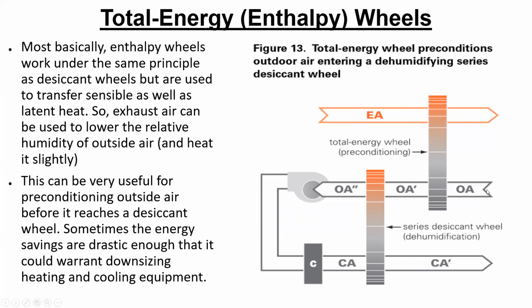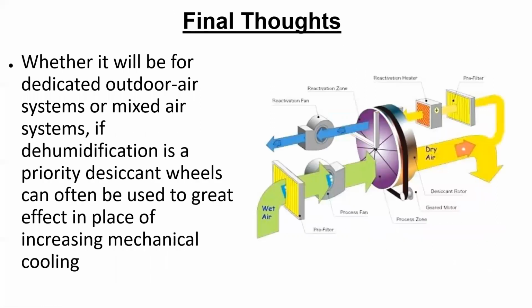So what happens is you're bringing your outdoor air through the wheel first, and then through the additional wheel, as we talked about in the previous cycle. This first part brings down the sensible portion of the heat, and the second part works on moisture removal, the latent heat, so your saving is significantly more, whether it's for a dedicated outdoor air system or a mixed system.